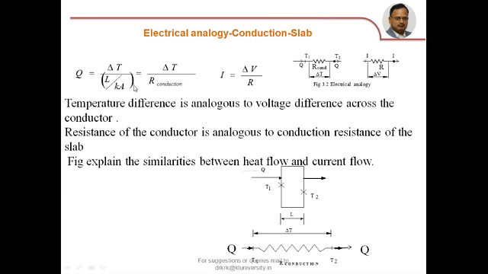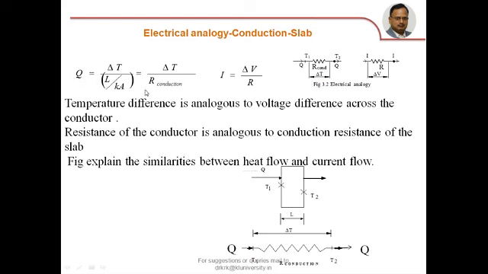The more the value of this L by Ka, the less the heat transfer rate through the slab, which indicates that this term L by Ka is offering resistance for heat transfer.